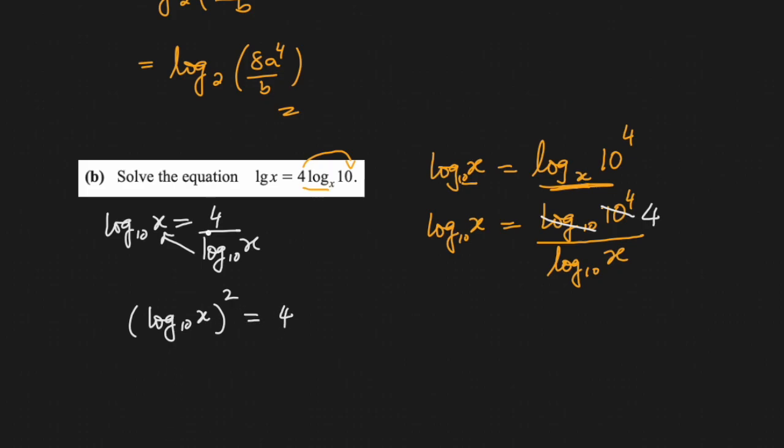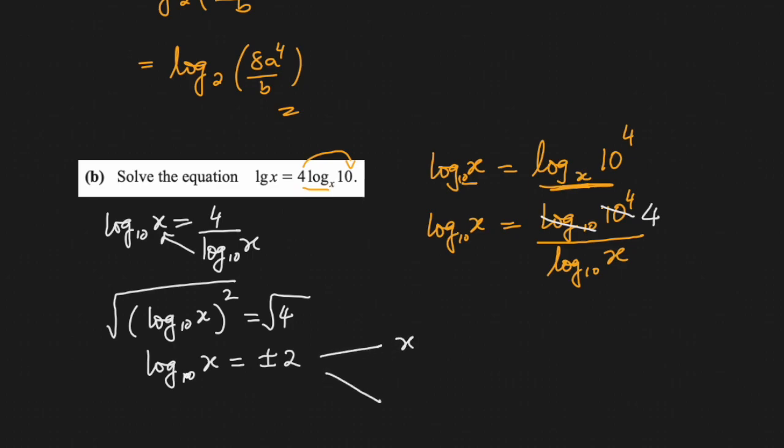Okay. So now to get rid of the square, we will square root both sides. I'll square root this and I'll square root this. So log base 10 x is equal to plus or minus 2. So plus or minus 2 gives us 2 answers. So one will be that x, when log is removed from one side, the other one becomes the exponent of the base.